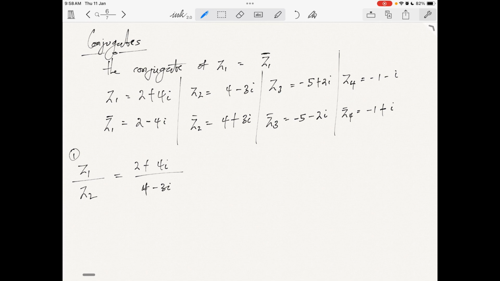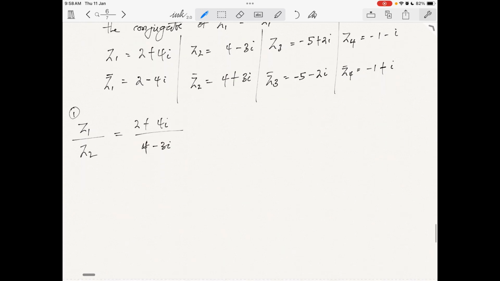The next step is to multiply the numerator and the denominator by the conjugate of the denominator.